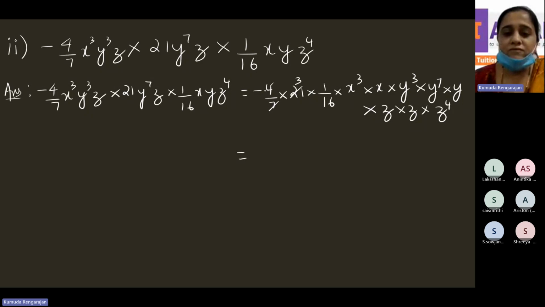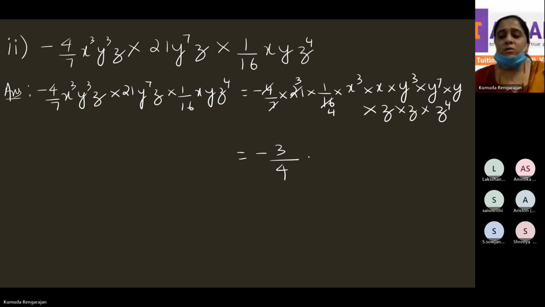7 ones are 7, 3 times... 4 ones are 4, 4 fours are... All right. So multiply the numerators, you get minus 3 by denominator 4. Now again, by the law of exponents, when bases are the same and it's multiplication, we have to add the powers.